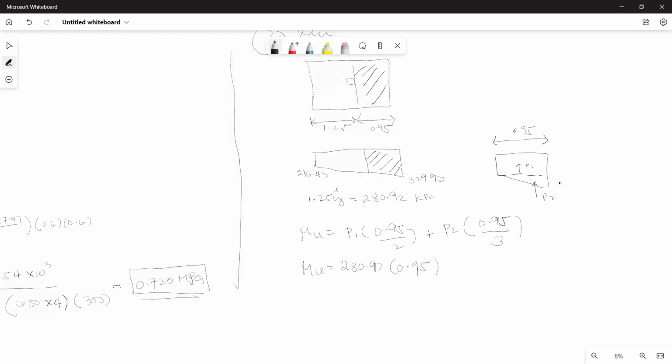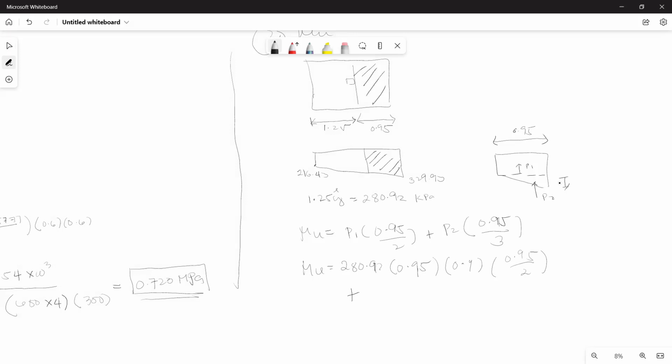Then ano yung distance along the length? Away from your screen, that is 0.9. Multiplied mo by 0.95 over 2 plus your P2 which is equivalent to, ano yung distance na to?